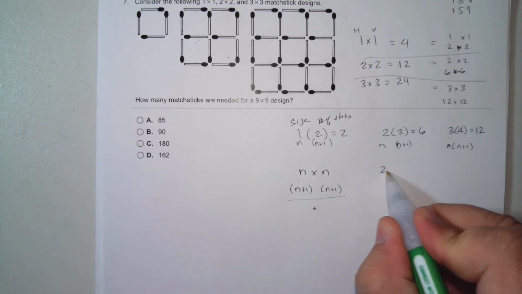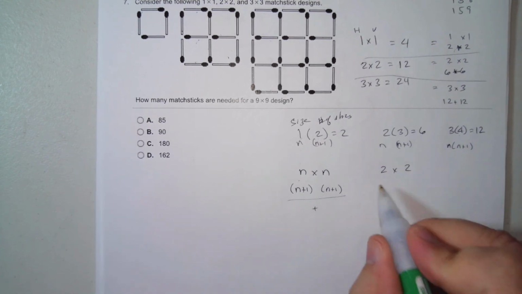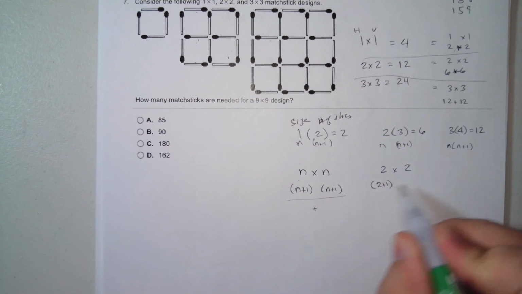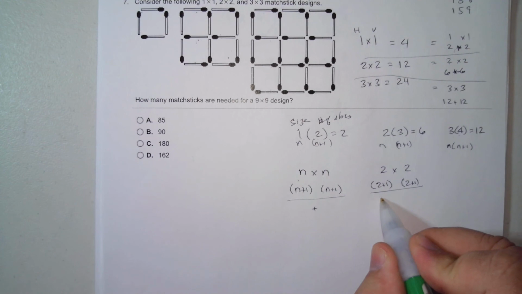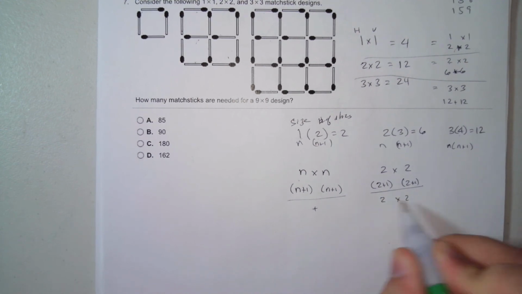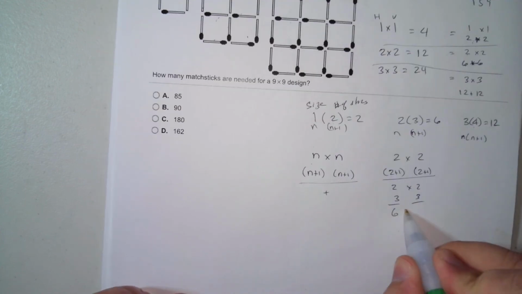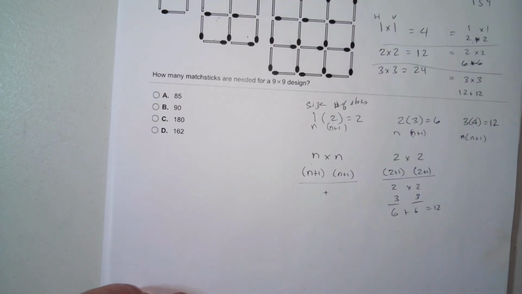So let's check what we did. A 2 by 2 matrix: 2 times 2 plus 1 is 3, 6 plus 6 is 12. Yep.